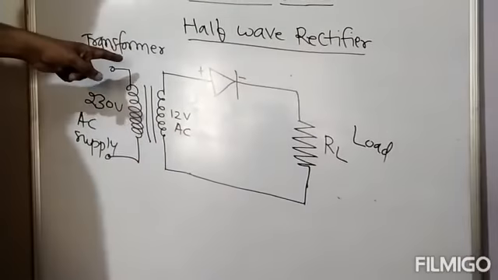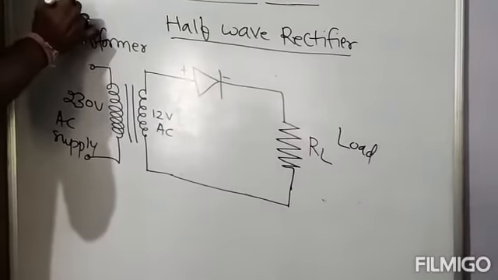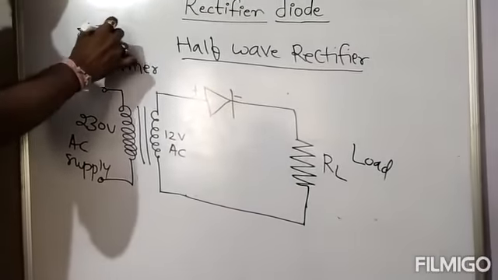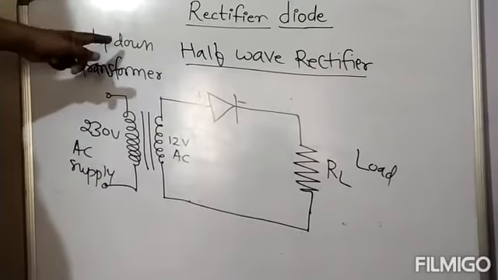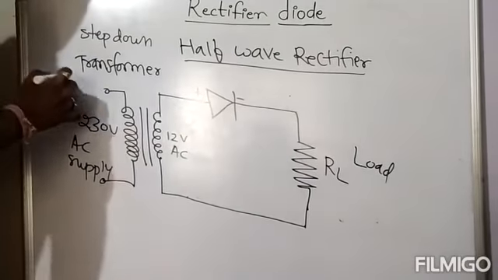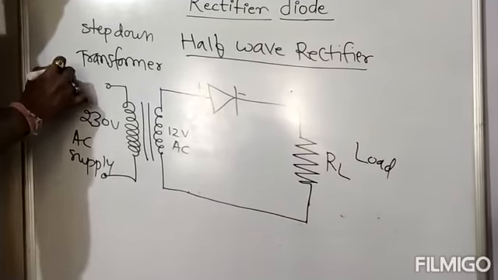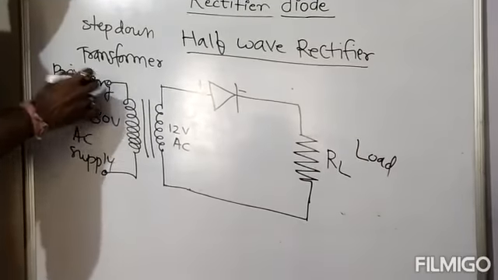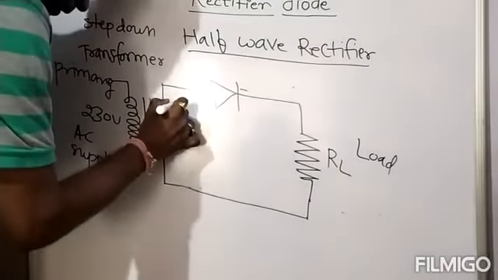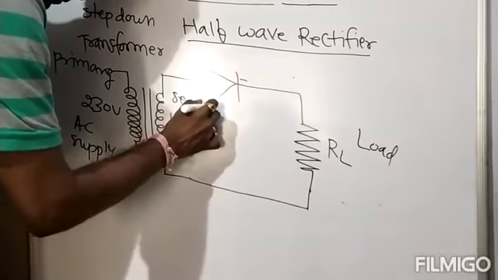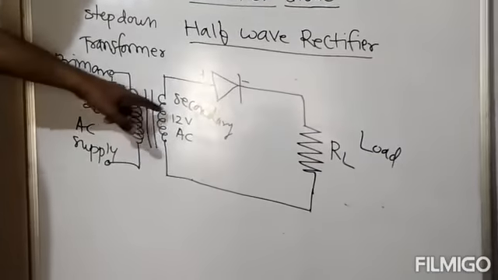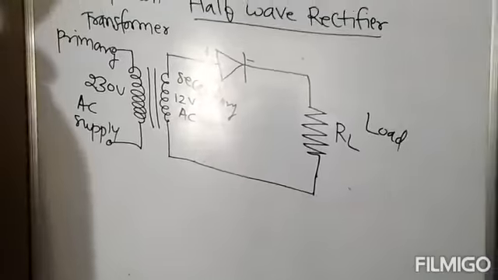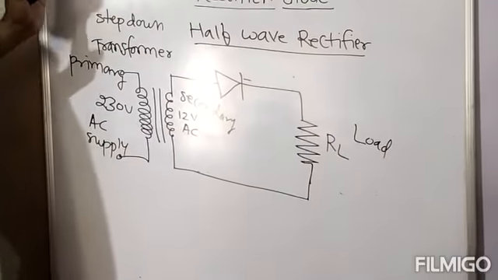This is a transformer of the step down type. This is the primary winding and this is the secondary winding. So this is a step down transformer.